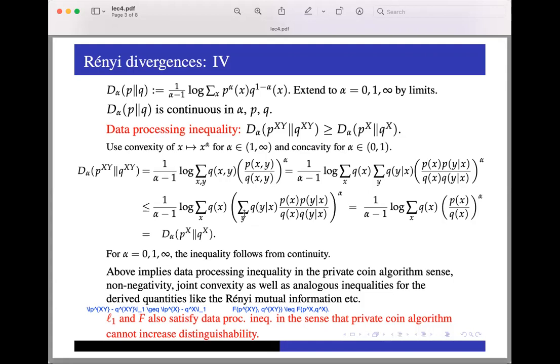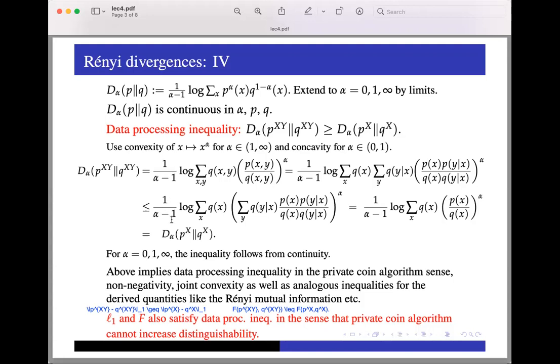So this is the function value of the average, and I can pull that in out here. And for alpha less than 1, I have concavity. So you may think the inequality goes in the other direction, but note that I have 1 by alpha minus 1, which is negative when alpha is less than 1.